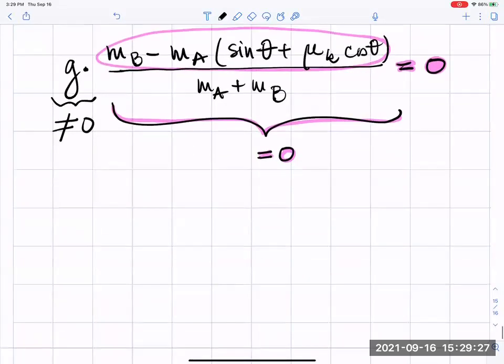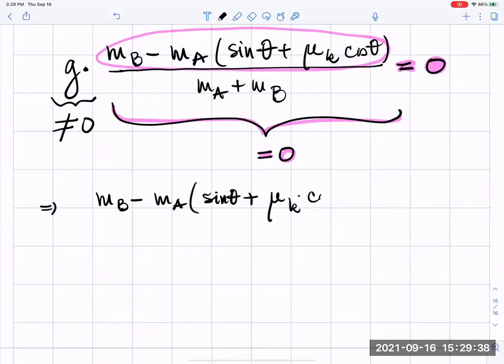So for us, this leads to (MB minus MA) times (sine of theta plus mu K times cosine of theta) must be equal to 0. So that is what we get out of this.